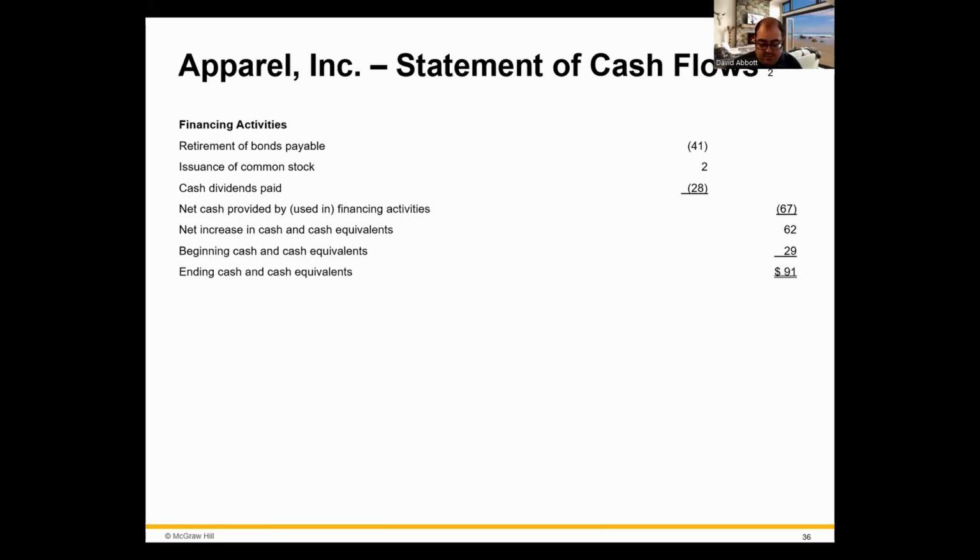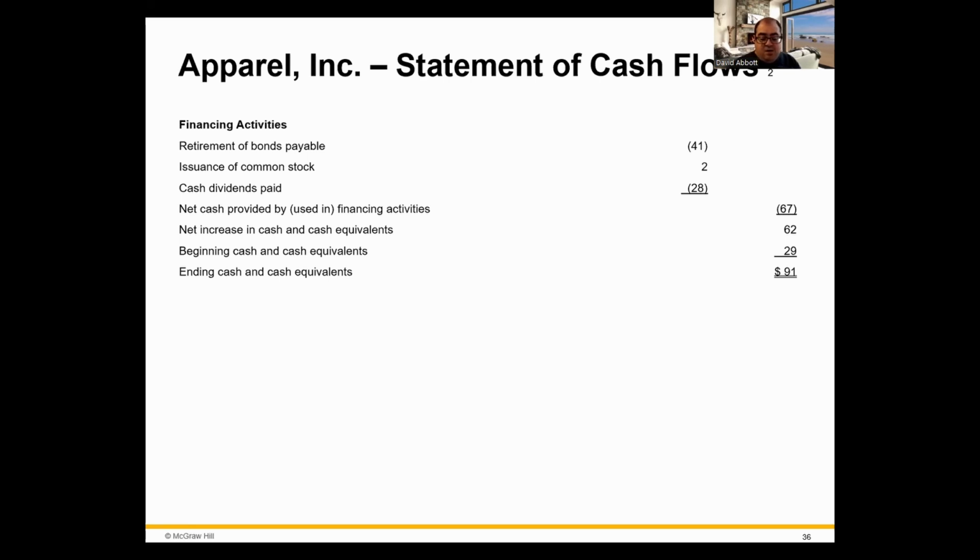And then the balance in common stock increased by 2 million. And that's because the assumptions state that Apparel did not repurchase any of its own stock. The $2 million increase relates to issuing common stock, and so they would have received cash in exchange for issuing common stock.